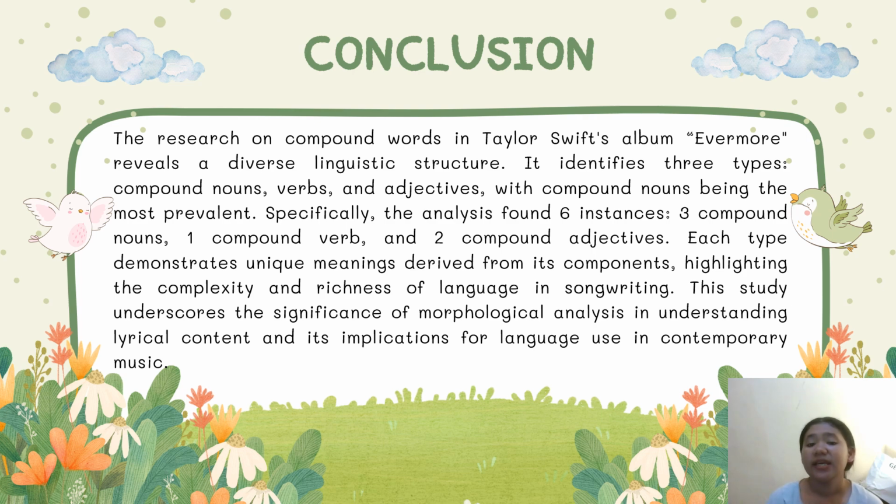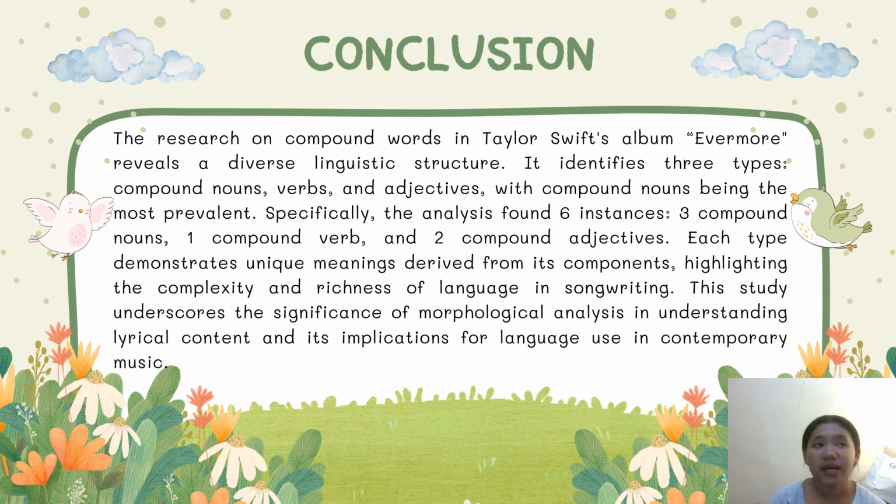Specifically, the analysis found 6 instances: 3 compound nouns, 1 compound verb, and 2 compound adjectives, even though I found a bit of a problem with the discussion, especially in data 5 with the word suburban, where it ends up that sub is actually not an adjective or noun when it comes to the word suburban.